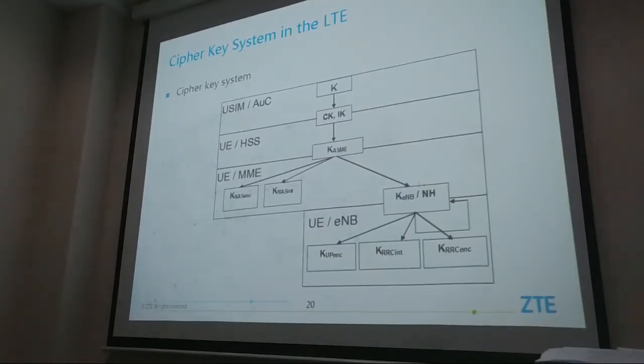You can see that the first value is saved in the SIM card and the Auc. So the Auc and the SIM, they both have the same key. The UE according to this key, and the HSS according to this key, will generate the CK, IK, and generate a KASME.